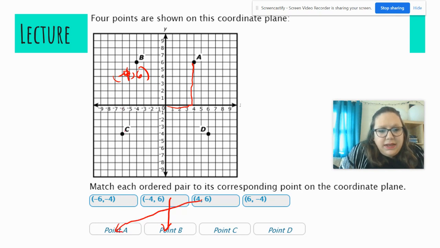Point C would be -6, -4, because I'm going over to -6, down to -4. And that's point C, -6, -4. And then point D, well, I mean process of elimination, but would be at over 6, down to -4. So those are our 4 points matched up.